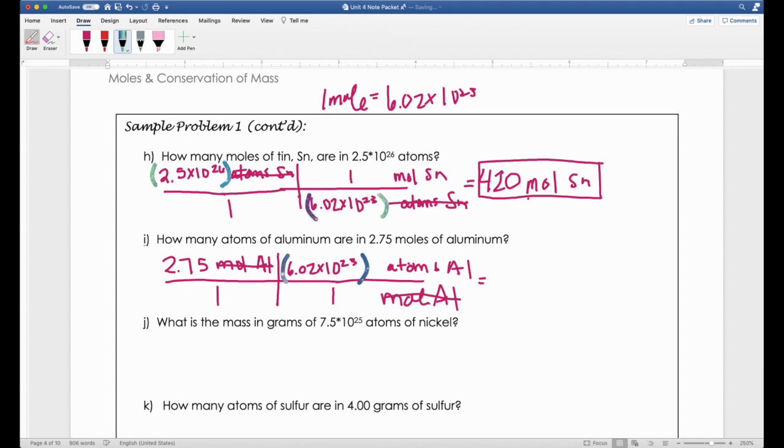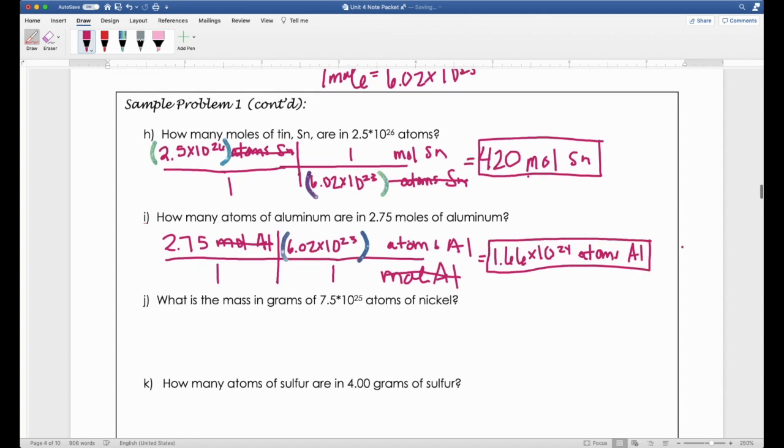Each of those values should be in parentheses, and then of course, this value, Avogadro's number, should also be in parentheses. And your final answer is, let's see, 1.66 times 10 to the 24th atoms of aluminum. And that's it.